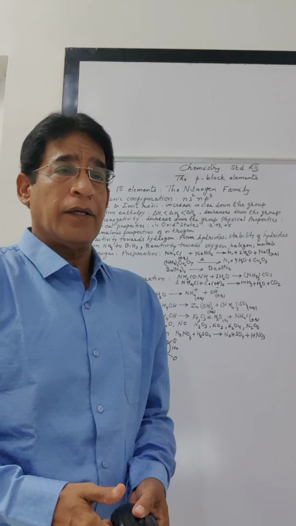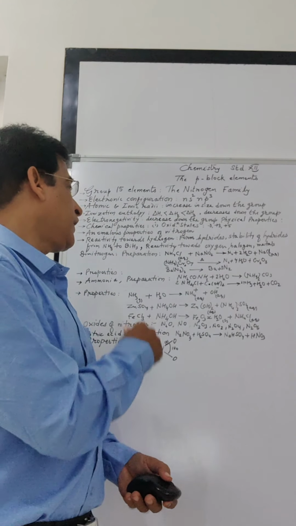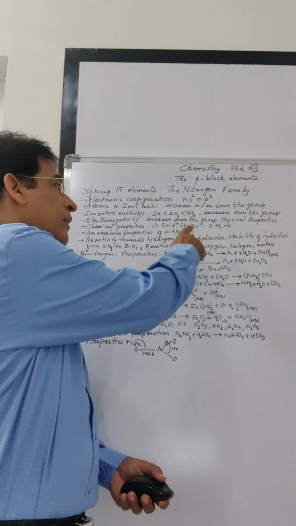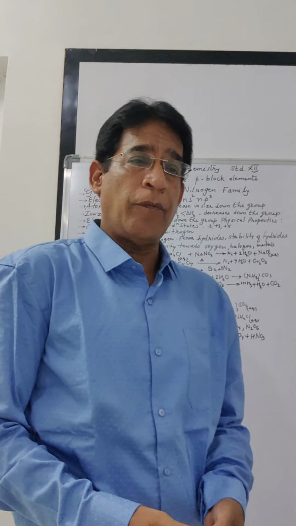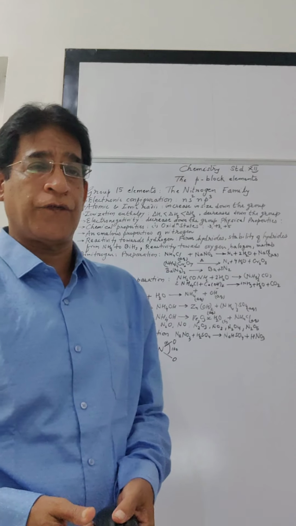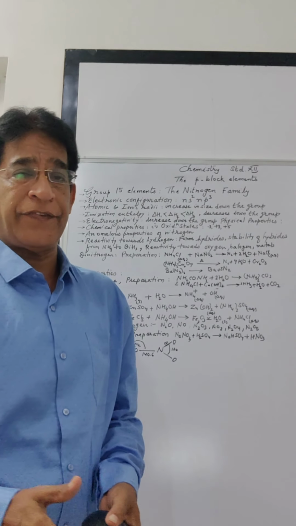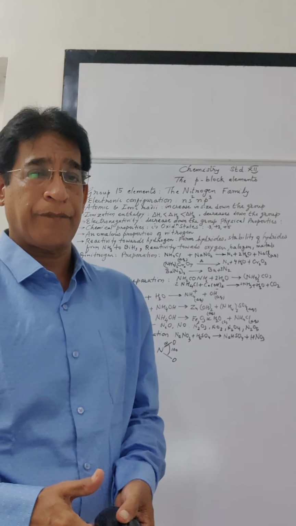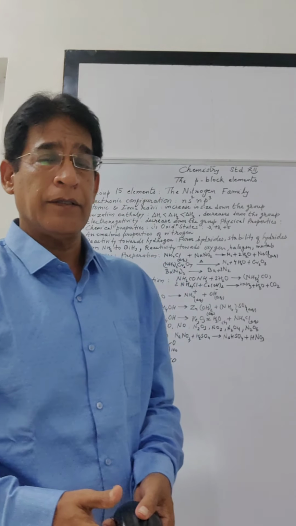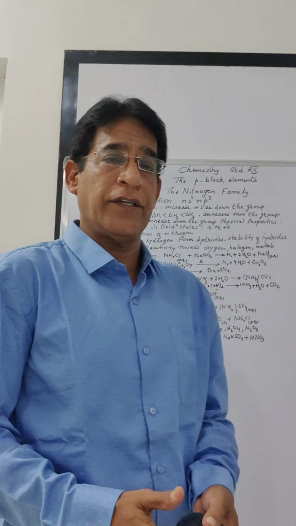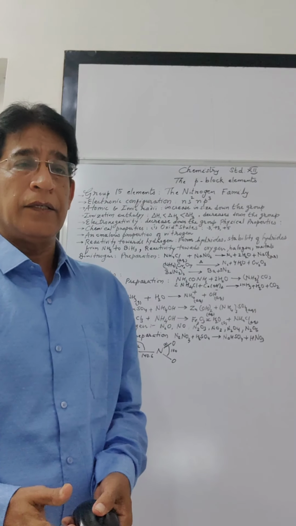Now, chemical properties. First, oxidation states. The common oxidation states of these elements are -3, +3 and +5. The tendency to exhibit -3 oxidation state decreases down the group.